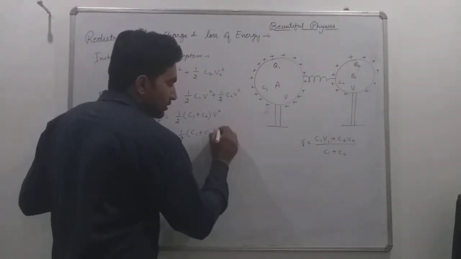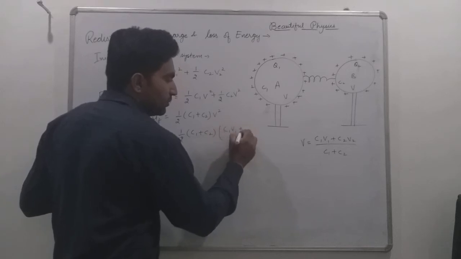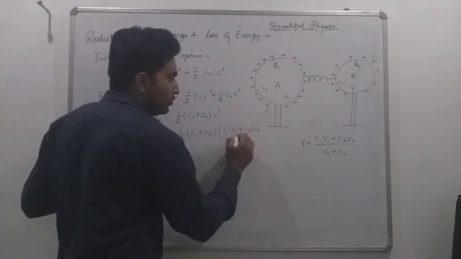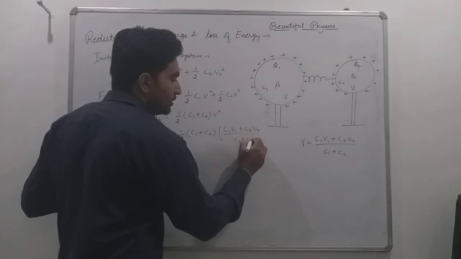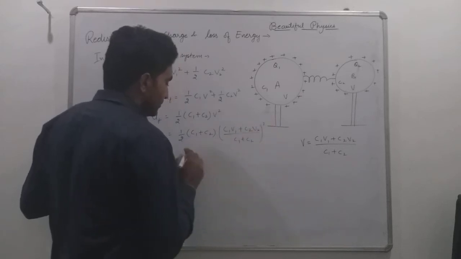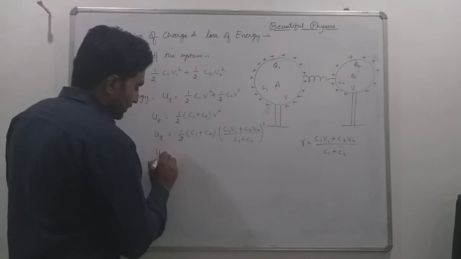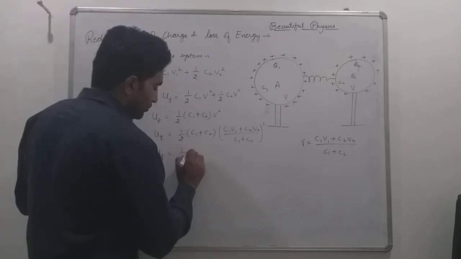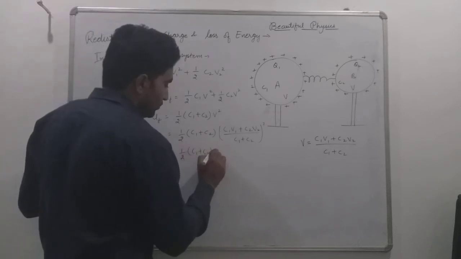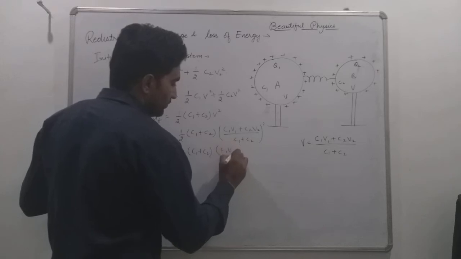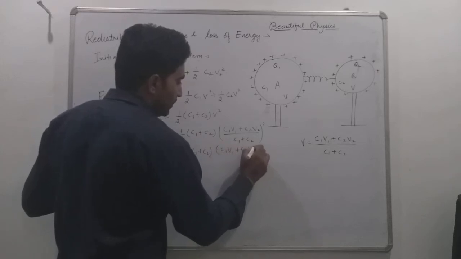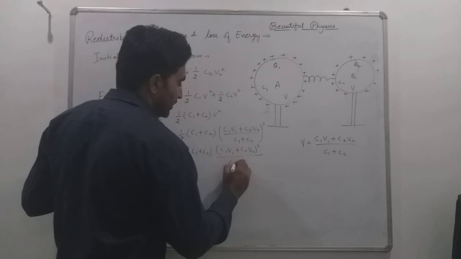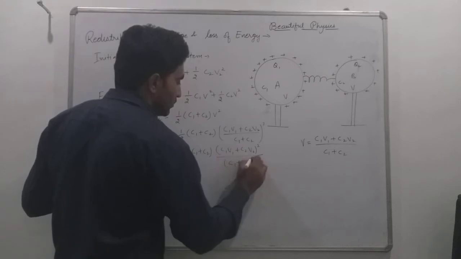So we have C1 V1 plus C2 V2 divided by C1 plus C2 whole square. So the final energy UF will be equal to 1 by 2 C1 plus C2, and here C1 V1 plus C2 V2 square divided by C1 plus C2 whole square.